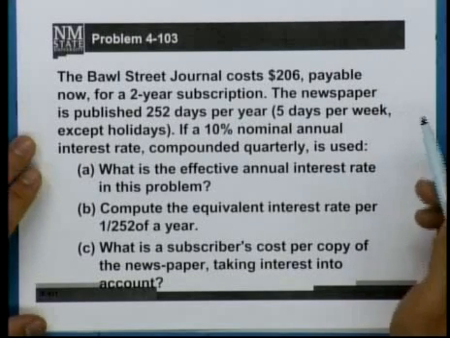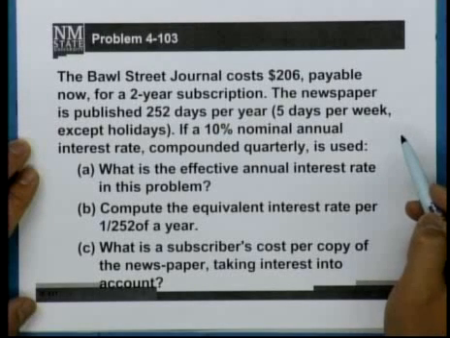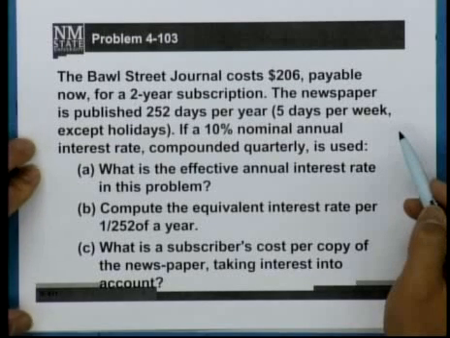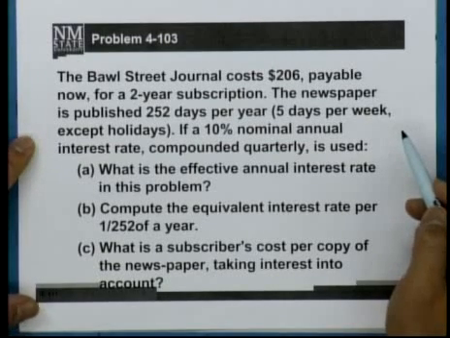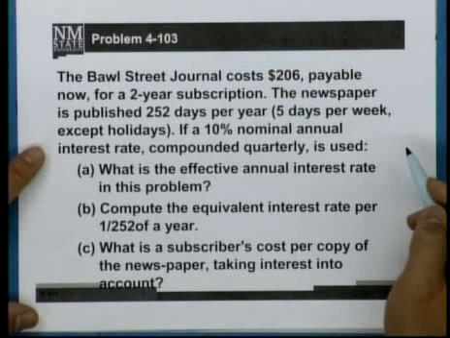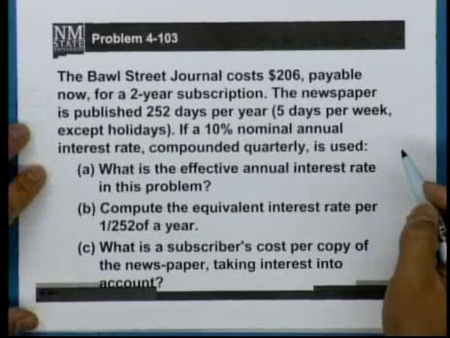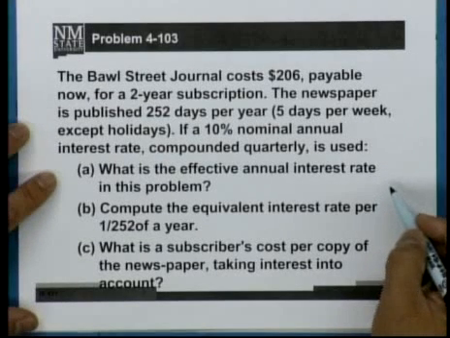The newspaper is published 252 days per year, 5 days per week, except holidays. And if a 10% nominal annual interest rate, compounded quarterly, is used, then what is the effective annual interest rate?